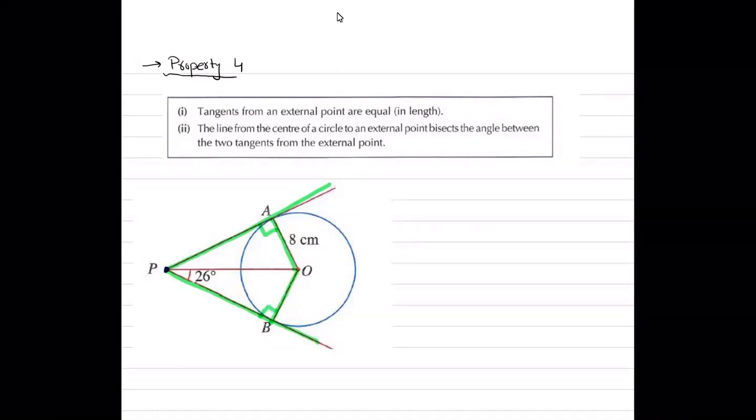So from one point, you can have two tangents to the circle, and they must both be equal in length. So the length of PA must be equal to the length of PB.